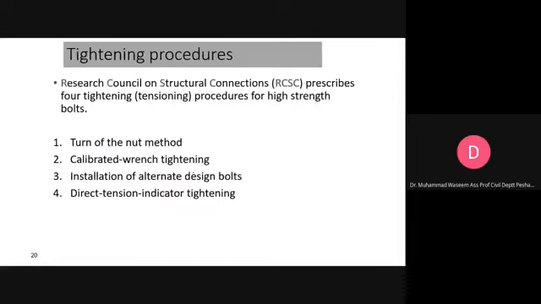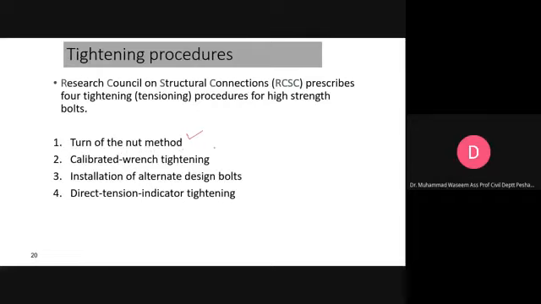As I told you, once we tighten the bolt, clamping forces will be produced along the faying surfaces, but there are different procedures. The Research Council on Structural Connections prescribes 4 tensioning procedures for high strength bolts. The first procedure is the turn of the nut method.